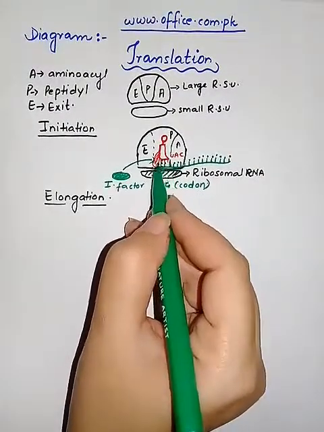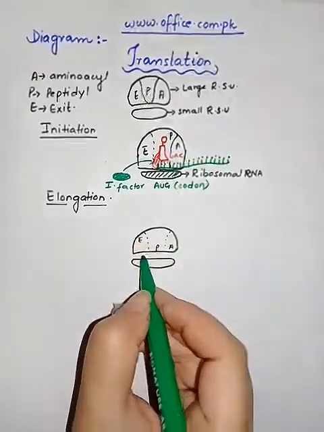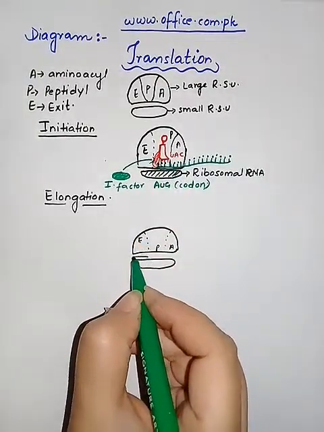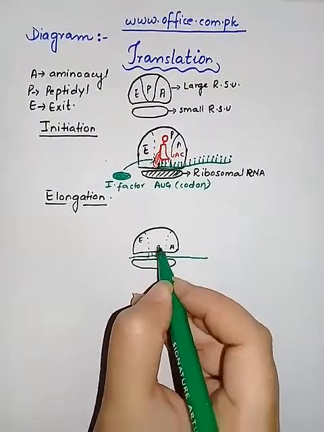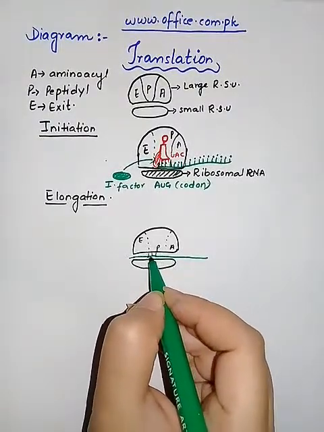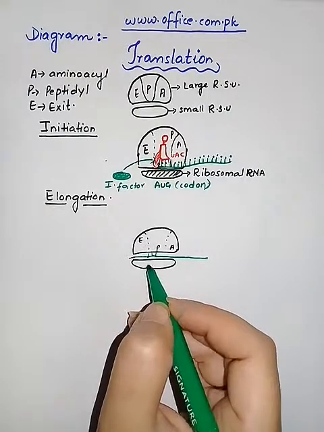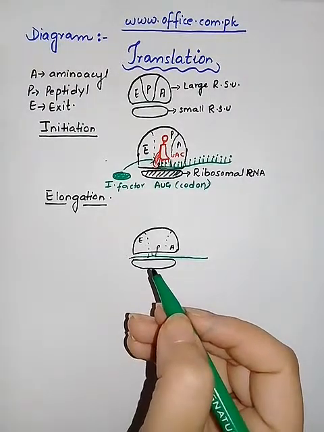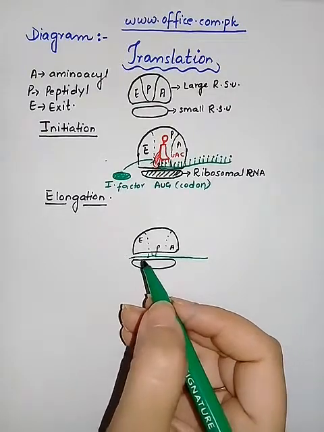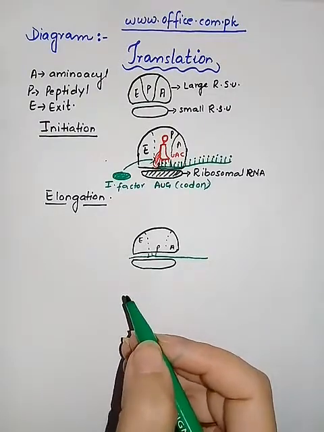Now this first codon was copied, so the RNA moves a little bit further and another sequence is exposed at the P site. Let us suppose this is CUG, the one mentioned in the book.